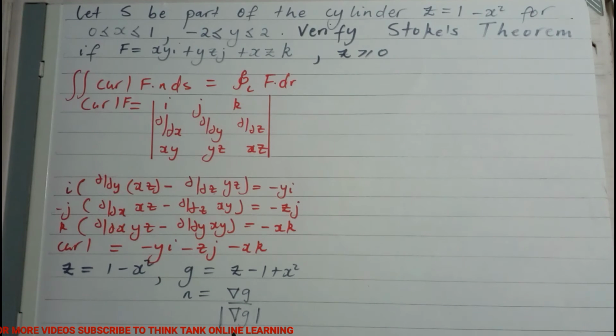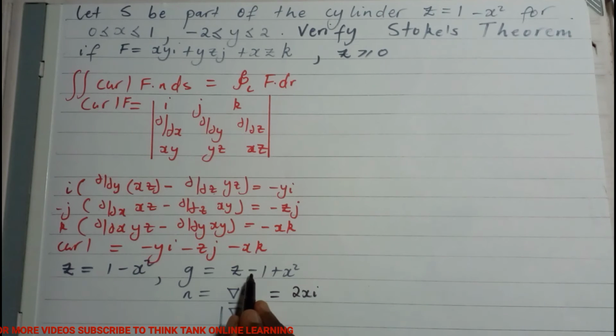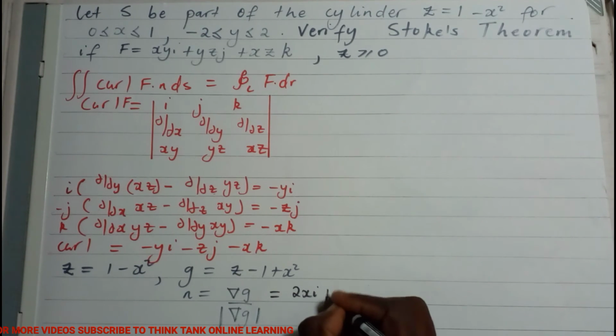We take the partial derivatives of g with respect to x, y, and z. The partial derivative with respect to x gives 2x i. For the y component we don't have a y, so we get 0. And for the z component, we just have z, so we have k, which is equal to 1.